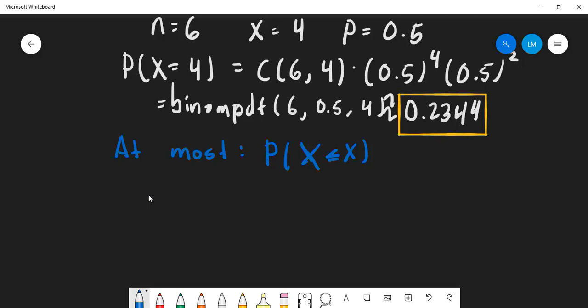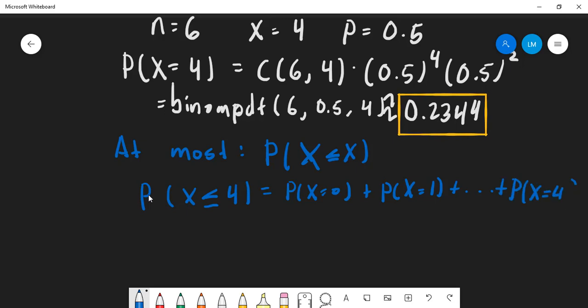So for example, if I was going to roll a die and I wanted to know the probability that I have at most 4 of my 2s, then I would have to do the probability that x is 0 plus the probability that x is 1 all the way up to the 4th outcome, which is going to take quite a while.